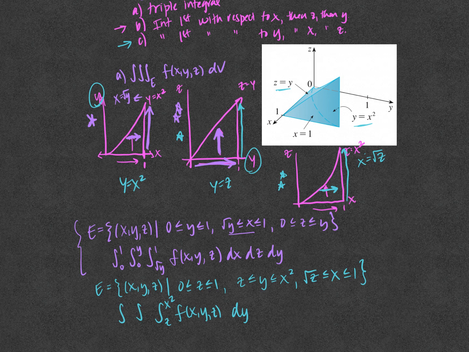And then with respect to x, so dx is going to be from the square root of z to 1. And lastly, with respect to z, and the bounds will be from 0 to 1. So that is your iterated integral for part C. So doing this isn't bad. You just have to draw out all of your regions so that you can see how they fit together to make it happen. All right, so moving on.